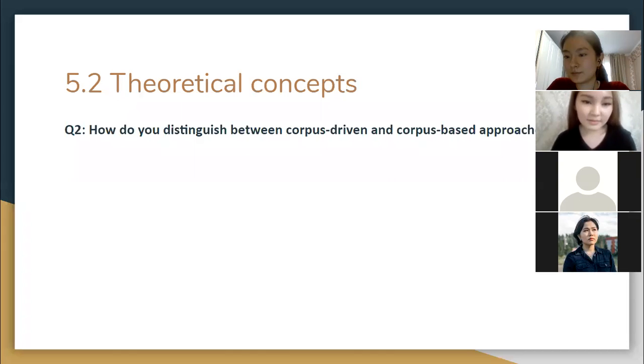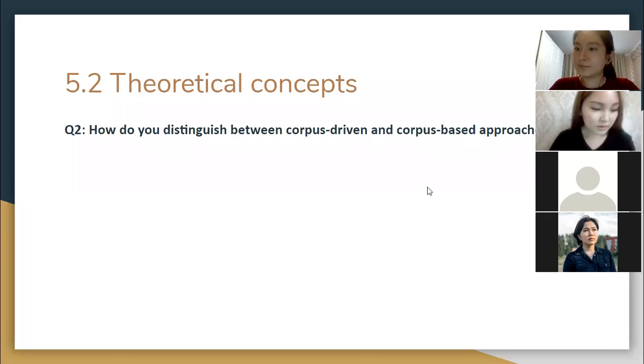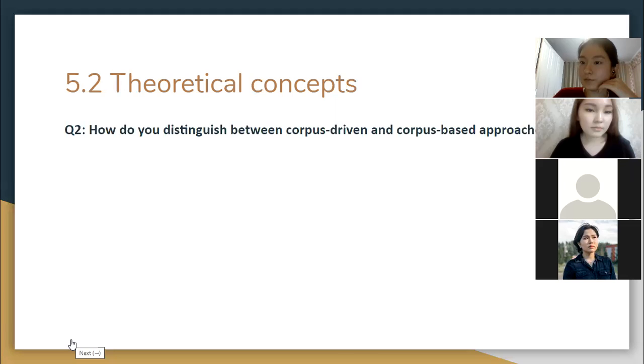Okay, thank you. So corpus-driven linguistics tends to use the corpus in an inductive way, in order to form hypotheses, not looking at already existing frameworks. But on the other hand, corpus-based linguistics uses corpora in order to test or refine already existing frameworks and sources from the outside world.